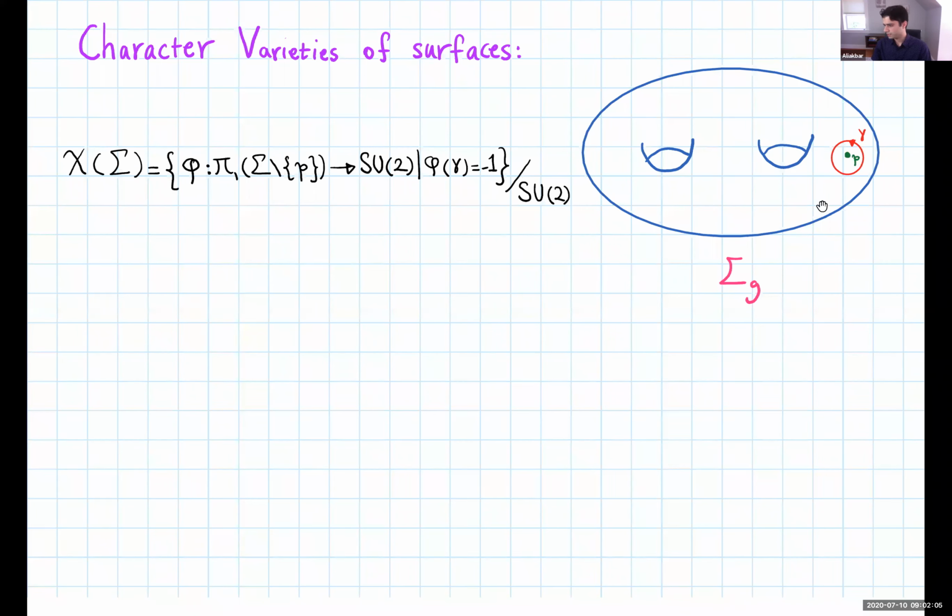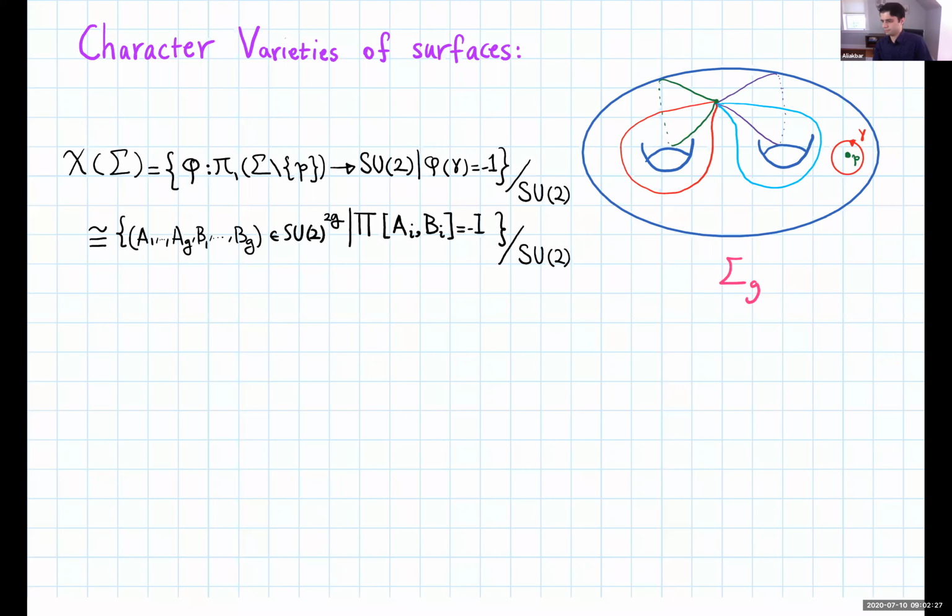And we require that this representation maps the loop around the puncture to the element negative identity in SU2. And of course, there is an action of the Lie group SU2 on this space by conjugation, and we look at the quotient space.